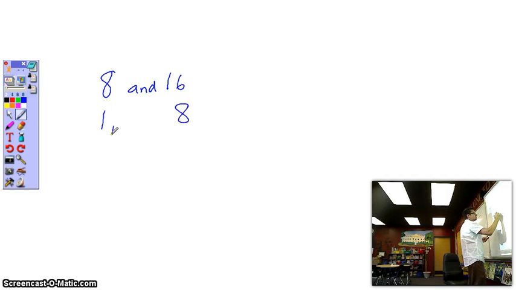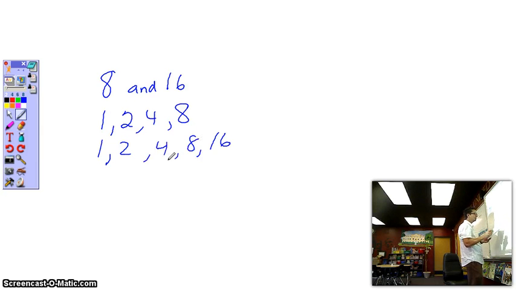All right, so this is what you should have done. You have 8 and 16. You should have found the factors of 8, which are 1 and 8, and 2 and 4. And the factors of 16 are 1 and 16, 2 and 8, and then just the number 4. You don't need to write the number 4 twice. And the biggest number in both lists is the number 8.